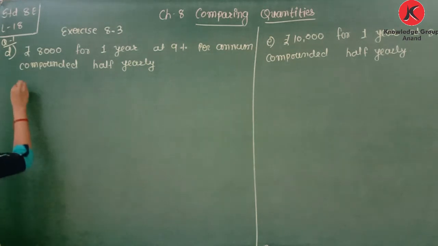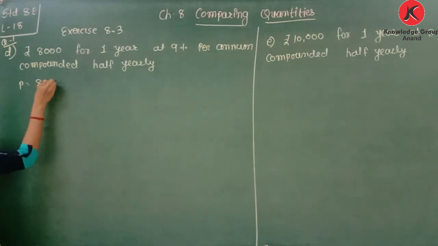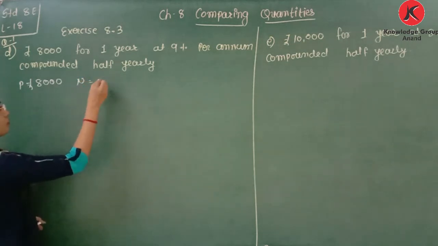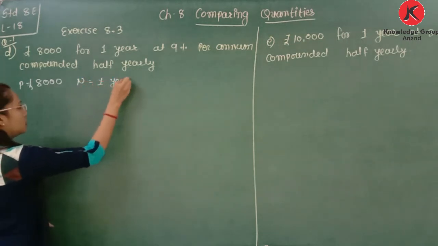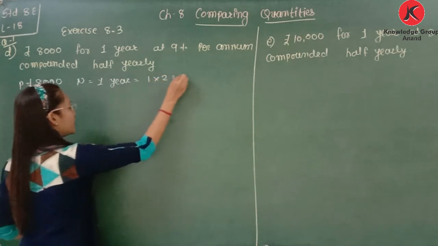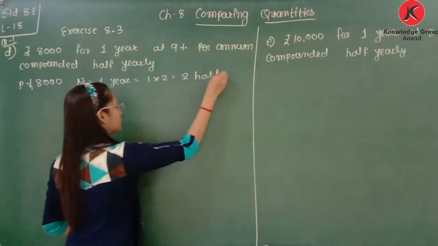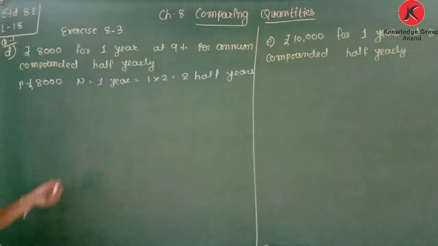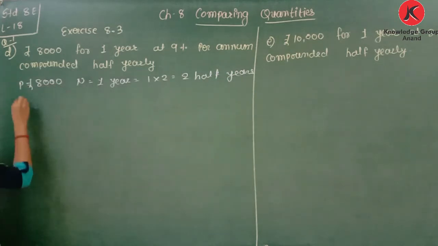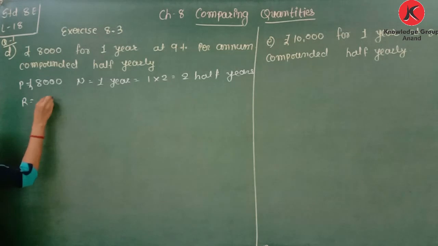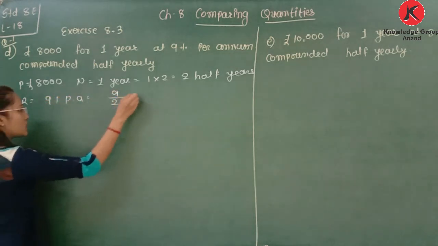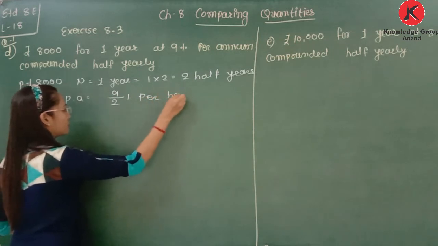So here our principal value is 8,000, and the time is 1 year. It means 1 multiplied by 2, that is 2 half years, since 1 year is divided into two 6-month periods. Now the rate of interest is 9% per annum, so it is 9 by 2% per half year.